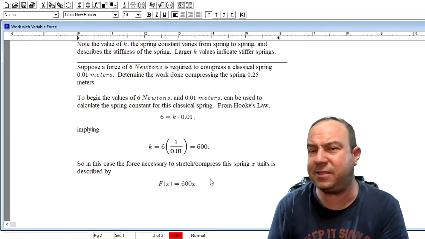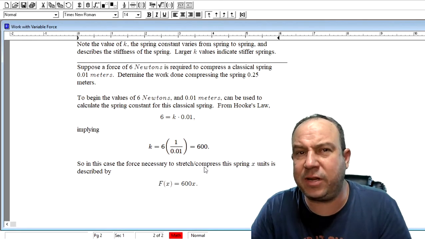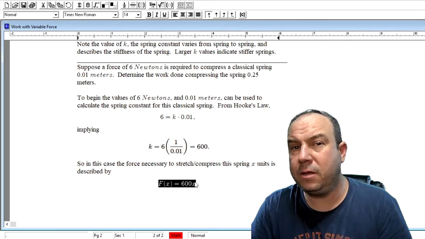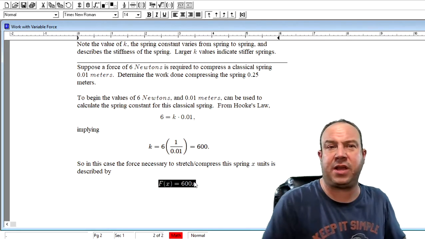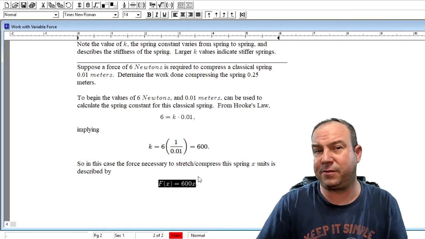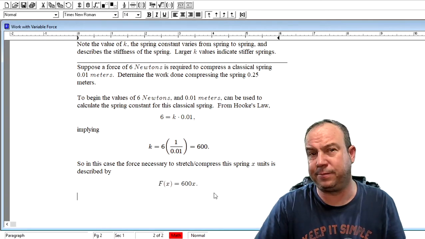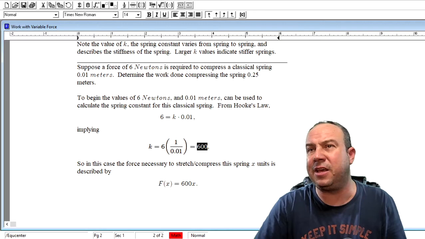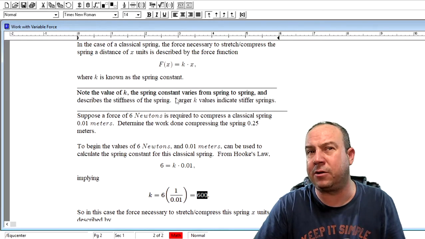So in this case, the force necessary to stretch or compress the spring x units will just be described by the force function f of x equals 600 times x. This force function seen here, replacing the value of k we just calculated into the formulation given by Hooke's law.